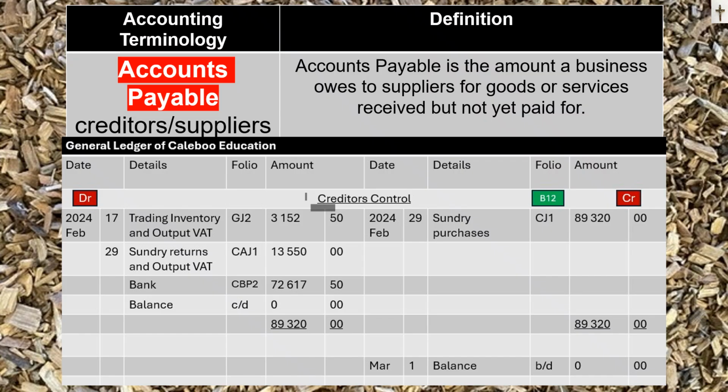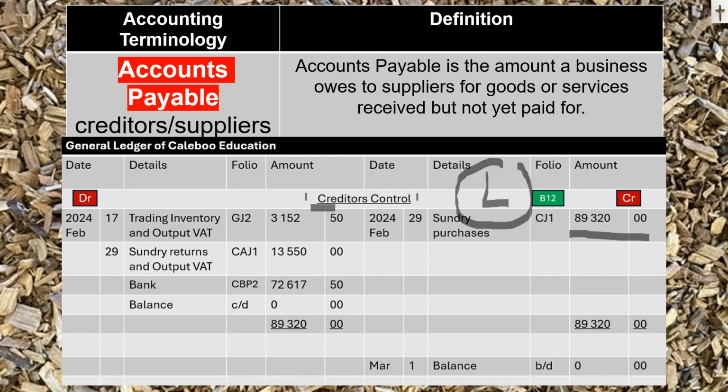The trial balance shows what the business is calling the account. But whether it's creditors control or accounts payable, the category for this account is a current liability. That L stands for liability.